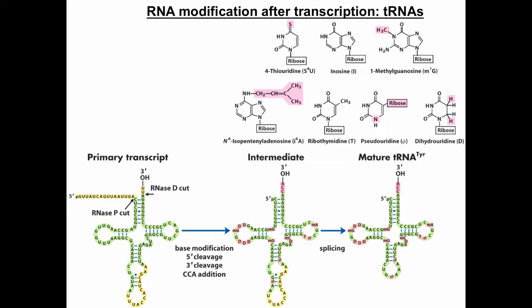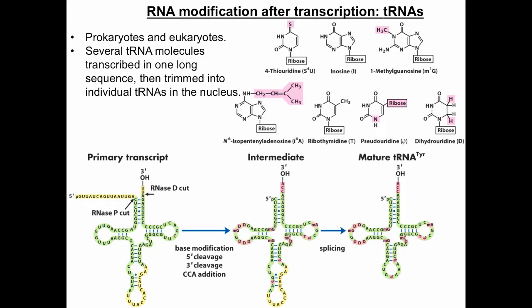Okay, so let's talk about tRNAs. Modification of tRNAs occurs in both prokaryotes and eukaryotes. tRNAs are transcribed as one long sequence, and then they fold up into a stem loop structure. They're trimmed in the nucleus at the 5' end as well as the 3' end.